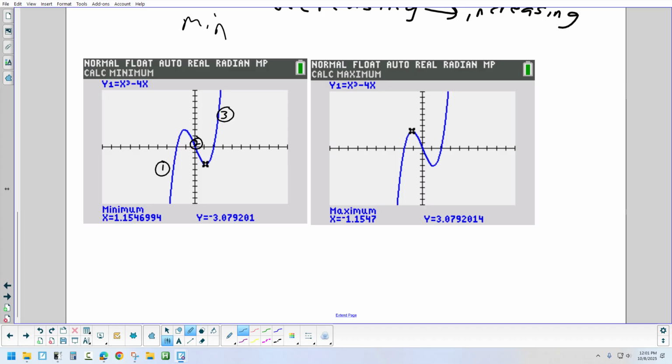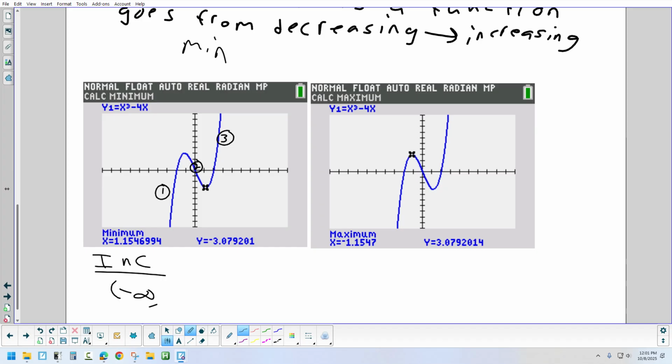What's happening in section 1? Increasing or decreasing? Increasing. And what's the lowest x value in section 1? Lowest x. Yeah. If you pick anything going to negative infinity, you'll be on section 1. And how high can you pick of a value and still be in the first section?